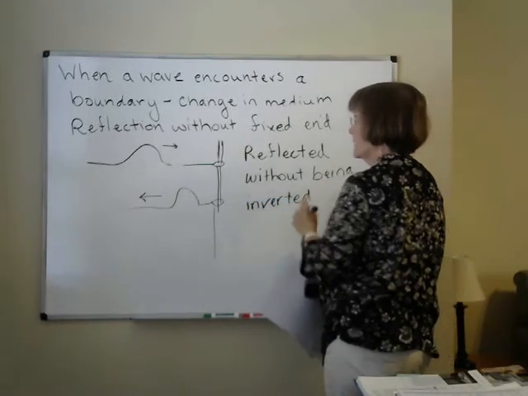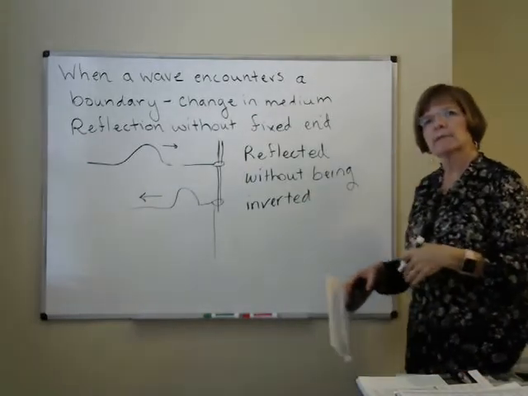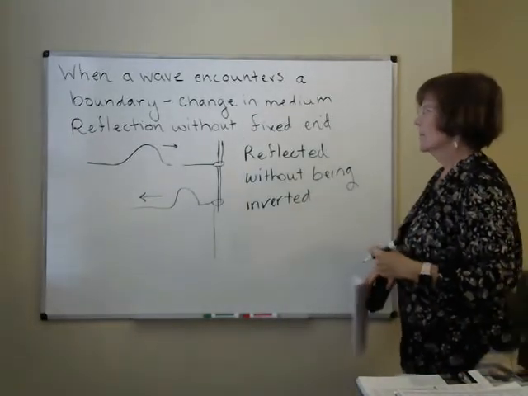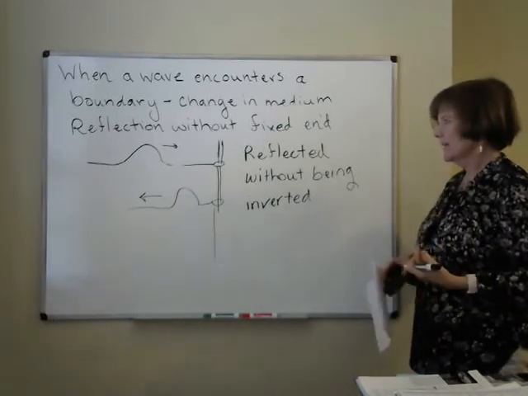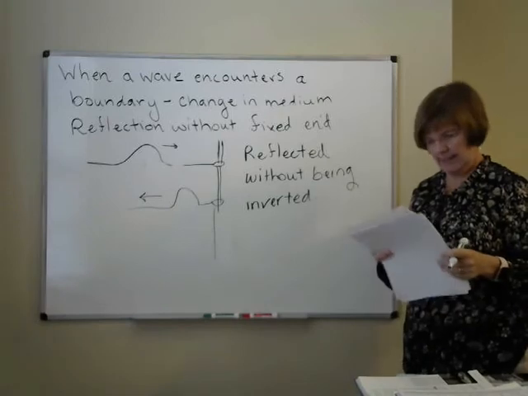So when the end was fixed, Newton's third law caused the reflected wave to be inverted. But if the end is free to move and it moves freely, then the reflected wave will not be inverted.